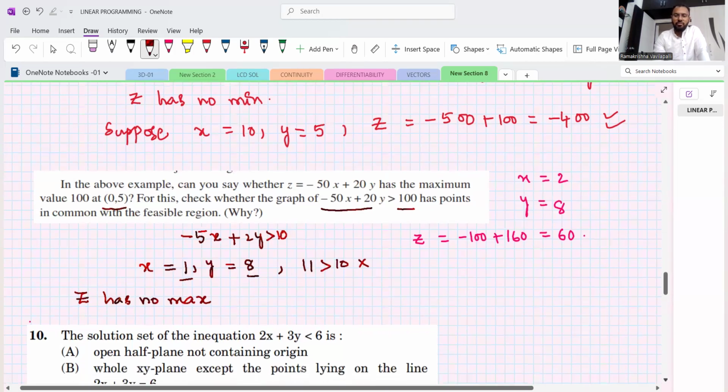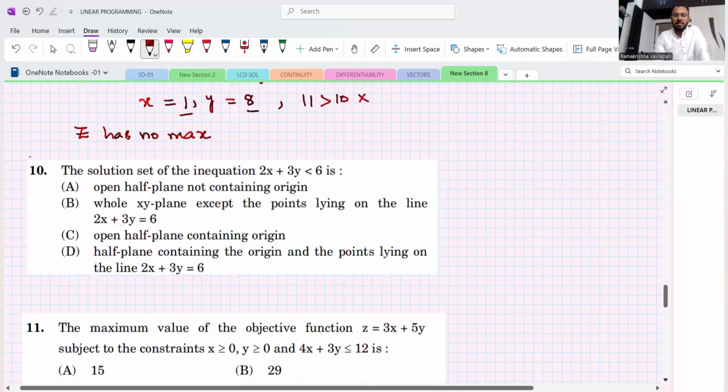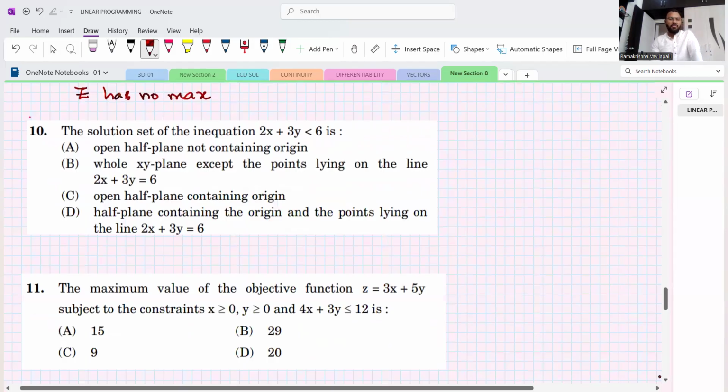I have picked a few questions of previous, this is 2024 question, CBSE exam. The solution set of this inequality is, see, this is the strict inequality. So you will get half plane. That half plane whether containing origin or not. Substitute origin. If it is satisfied, then the region containing origin.